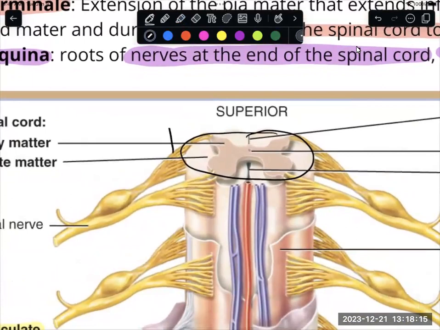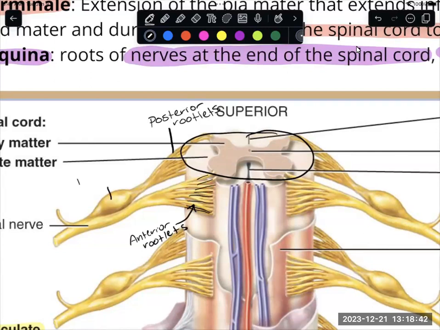Back here are my posterior rootlets. Here is my anterior rootlets. See, all these little fibers are what make it those rootlets.